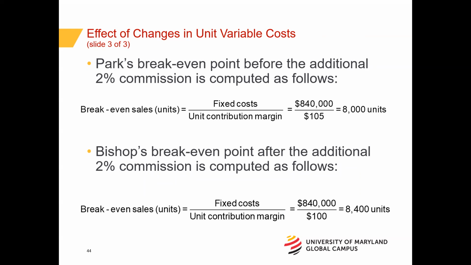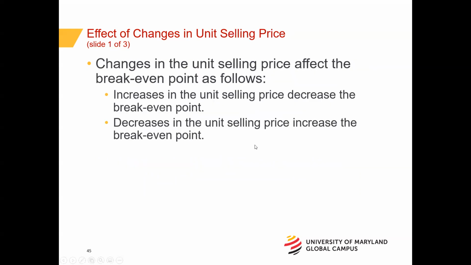If I decide to increase my commission to my salespeople by 2%, my fixed cost is still 840 divided by the unit contribution margin. Now my unit contribution margin is 100. That means I need to sell 8,400 units in order to break even. Interesting.